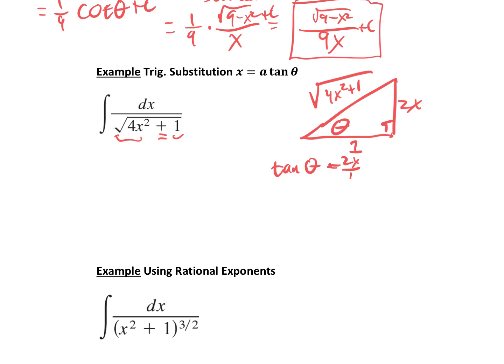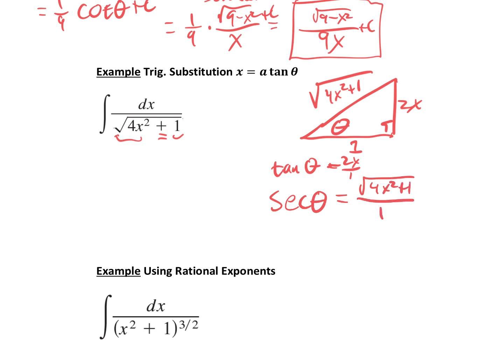We're going to need a trig function involving this. Well, cosine is 1 over this, and we want this on top, so we want secant. And yes, tangent and secant will go together because they're related by derivatives. Square root of 4x squared plus 1 over 1.